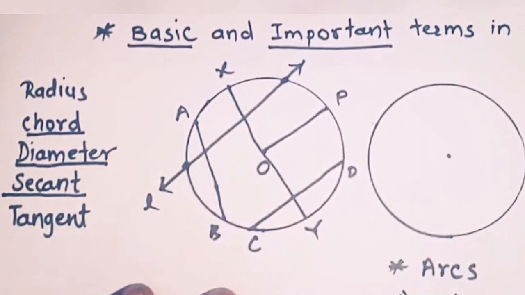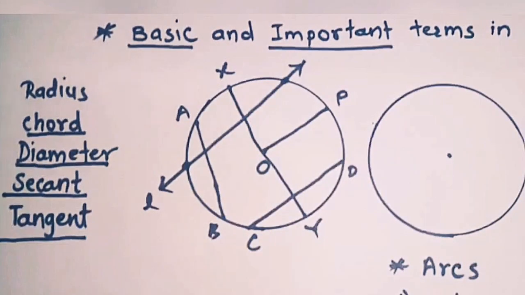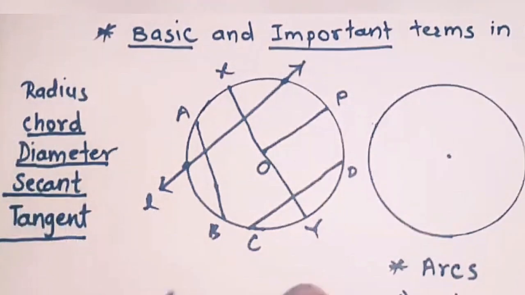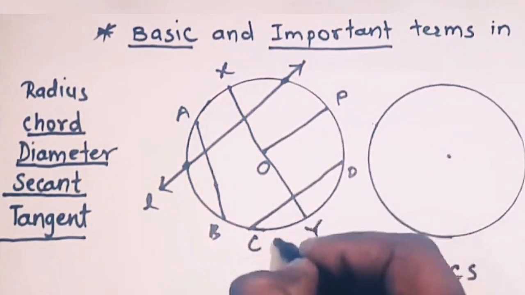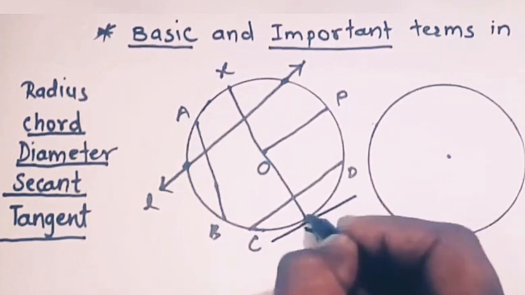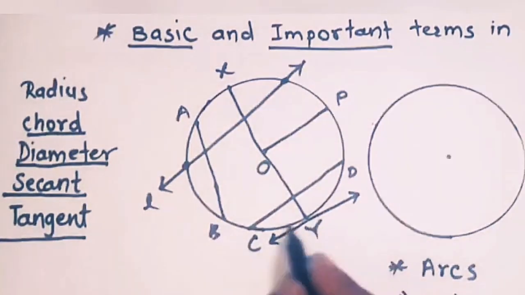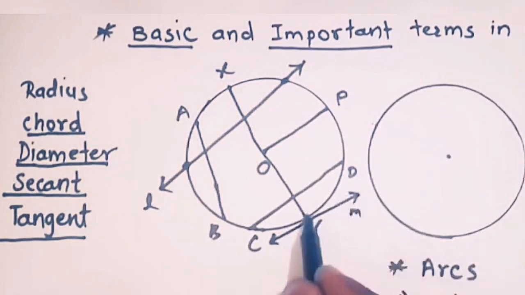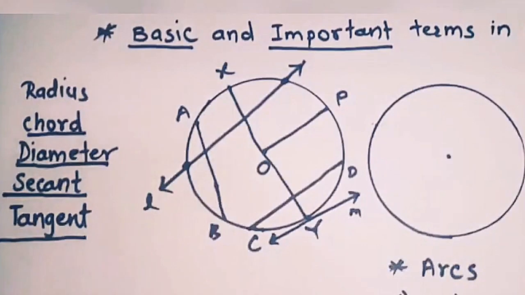Okay, and now a very important concept, guys, that is a tangent. Tangent too is a line, but this time instead of intersecting the circle, a tangent only touches the circle at any point. So let's say this line over here, line M, yes, line M touches the circle at only one point, that is Y, and so this line M becomes the tangent.